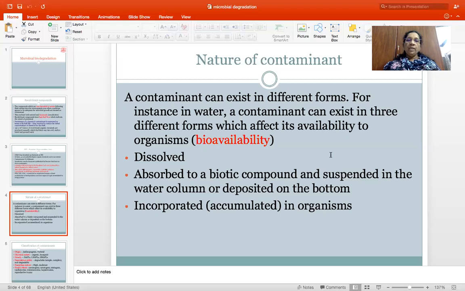It should also be in a dissolved form. But if it is in the absorbed form, it is very difficult to degrade. Or if it is in an incorporated form or accumulated in the organism, it will cause further toxicity. We have already studied bioconcentration and biomagnification, so it is transferred to the food chain.